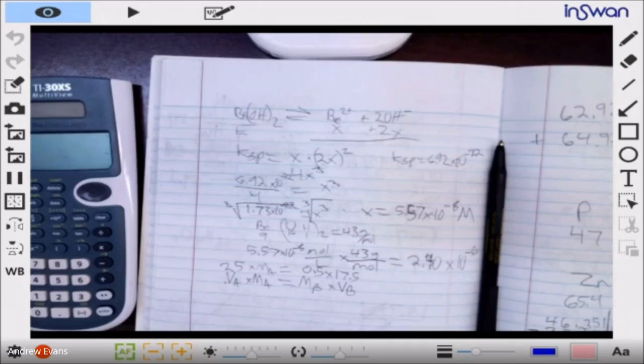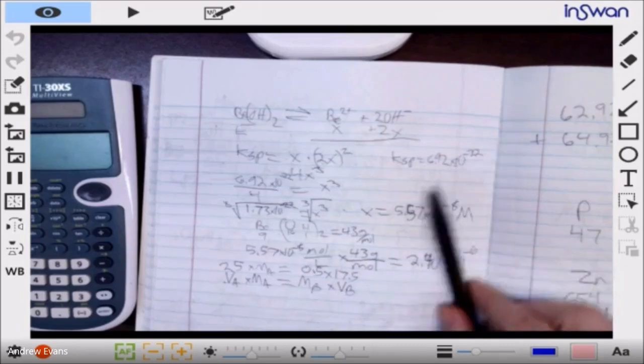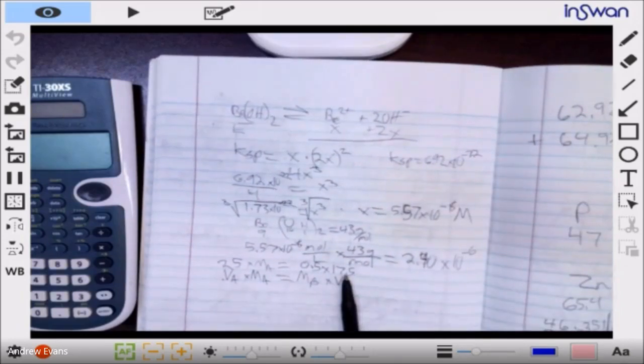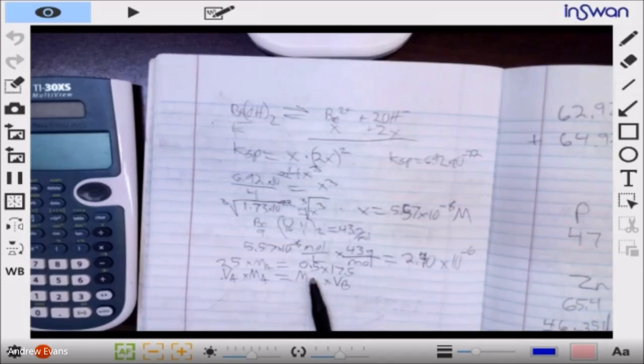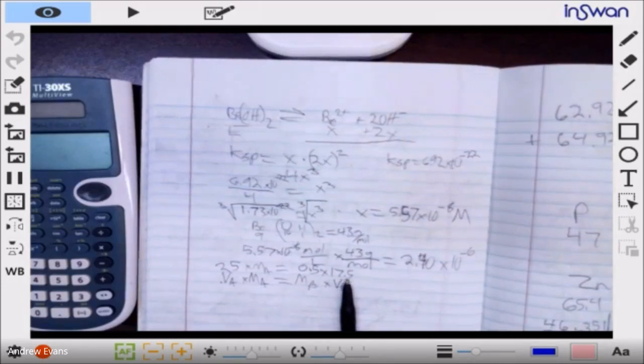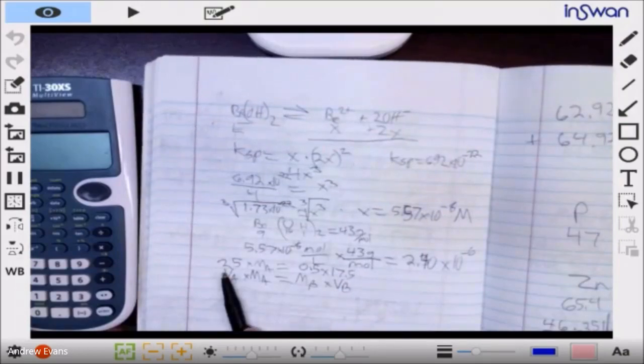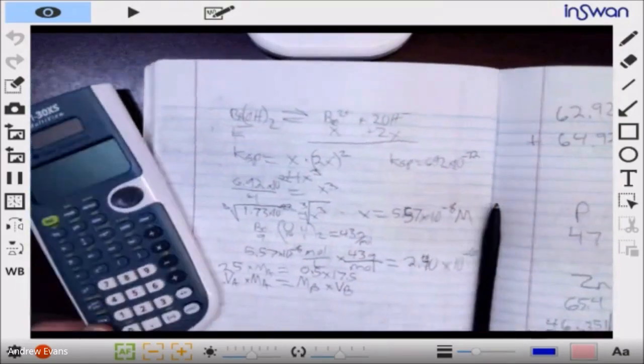It's just MaVa equals MbVb. Do not forget this simple concept from General Chemistry 1. MaVa equals MbVb. We have the Va. We have the Mb. We just looked up the Vb. So these two numbers divided by 25.